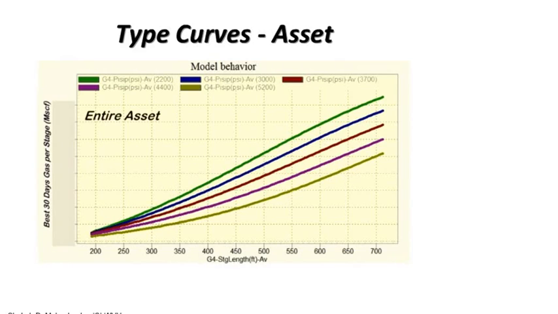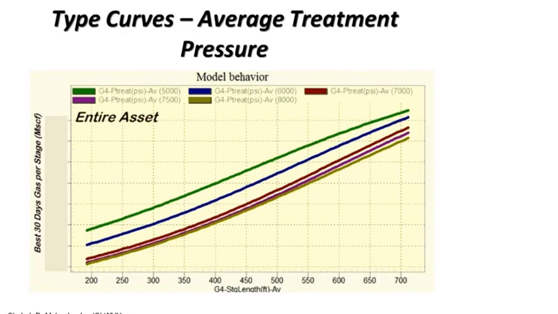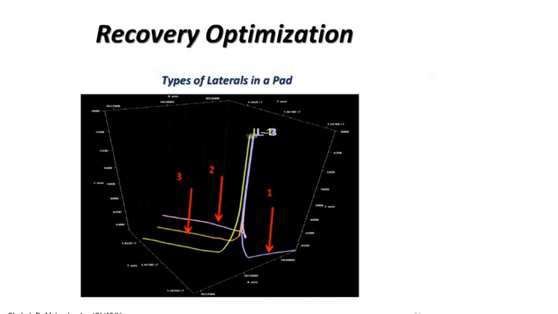In this one, the same type curves are for initial shut-in pressure at different values, and this one is for average treatment pressure. The same thing we saw earlier, lower treatment pressure apparently provides higher productivity, and after a while the distance between the lines decreases and becomes very, very close.